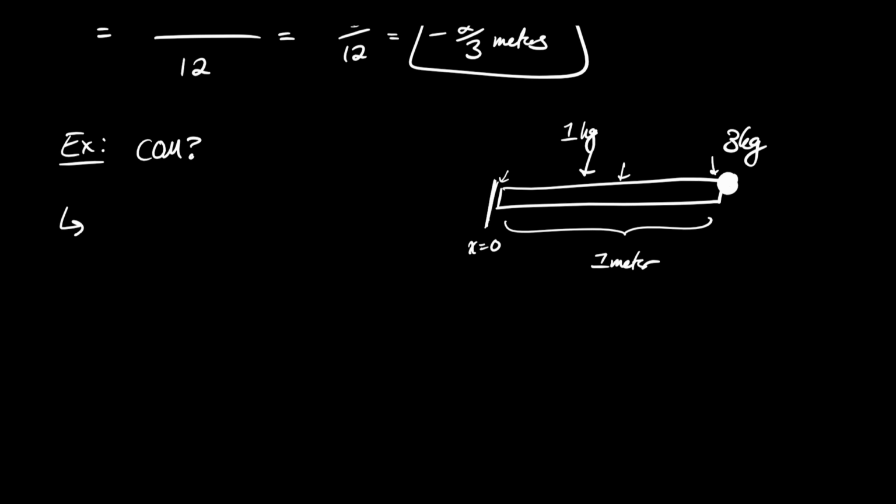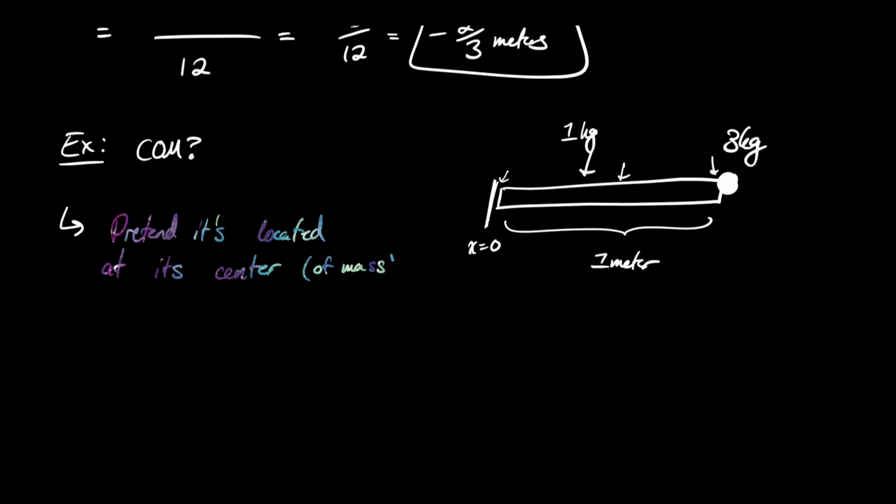The trick is, or the rule is rather, that if you have an extended object like a meter stick, you're allowed to pretend it's located at its center. And technically, it's at its center of mass.